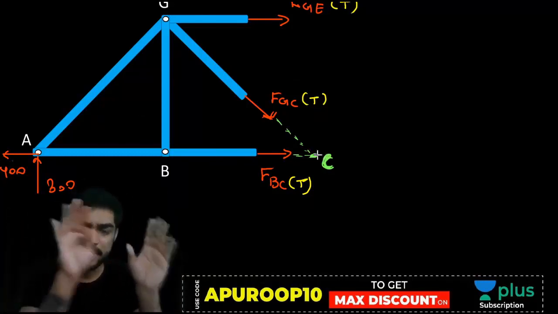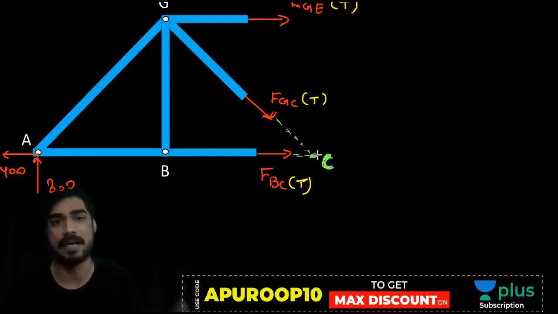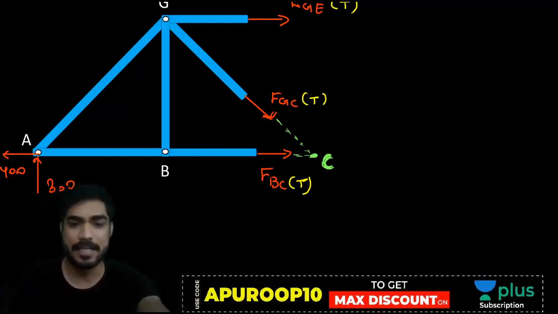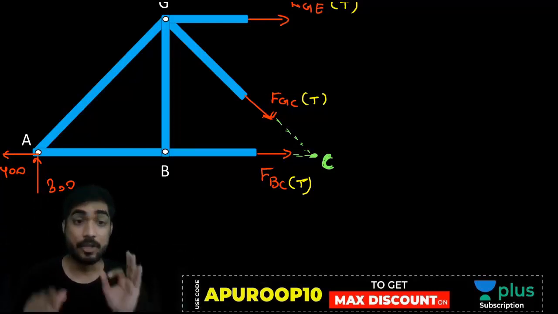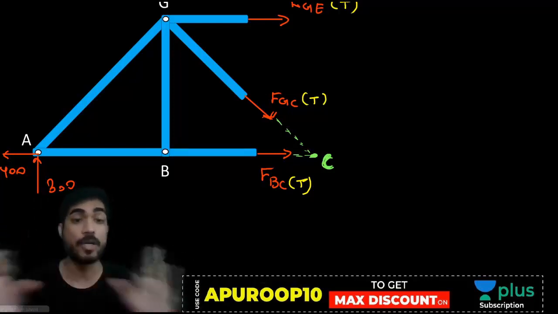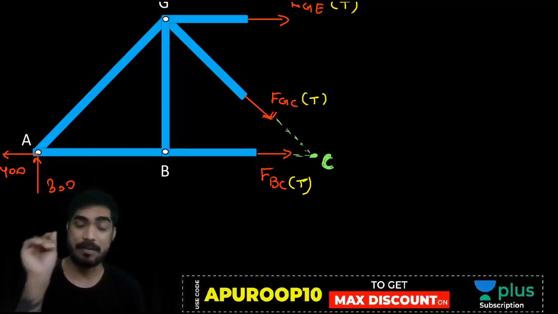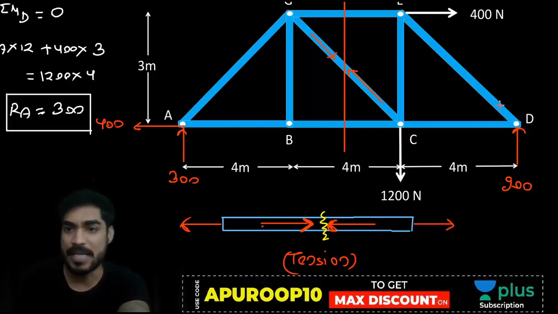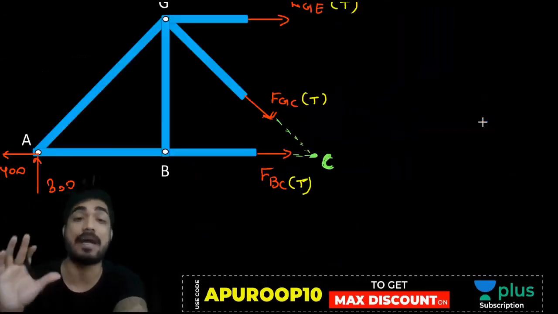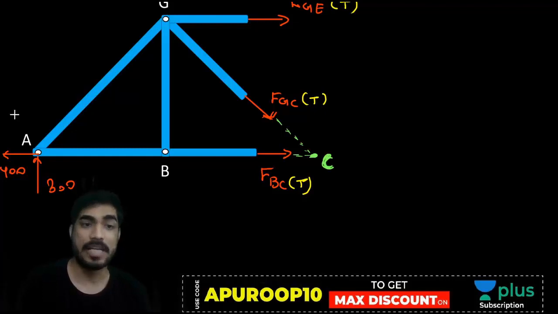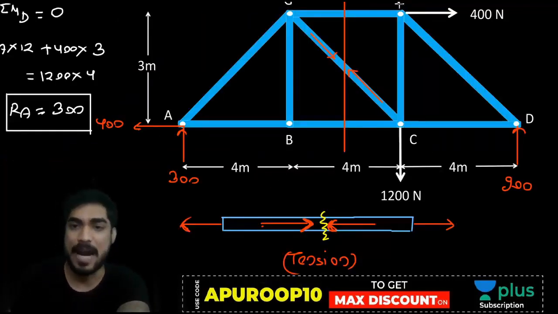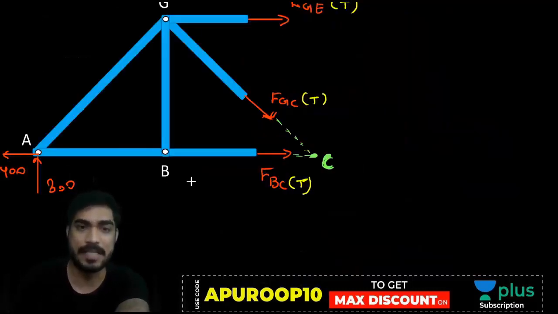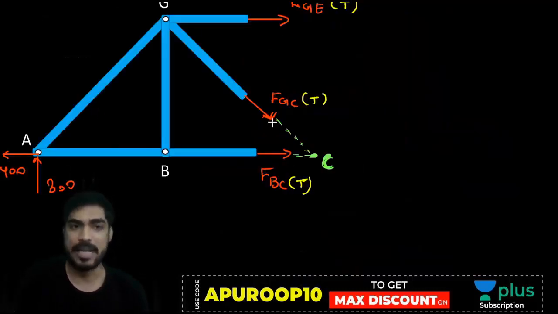Is it clear to everyone? You can take moment about A, B, G, C, E, D, doesn't matter. But you will only consider forces in this part. You will forget about the right part. Right now I am only considering the left part. So take moment about C.